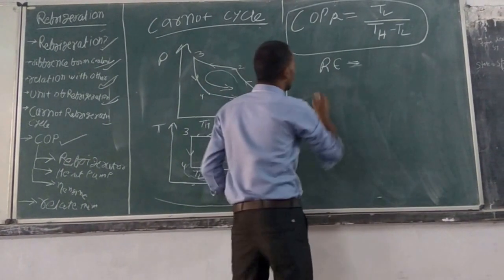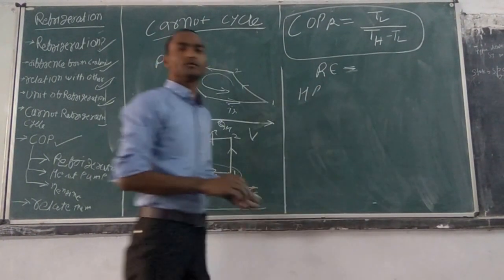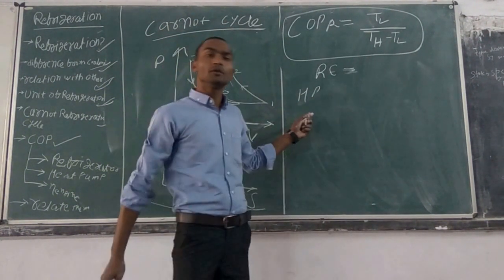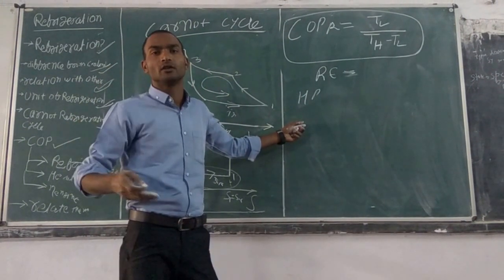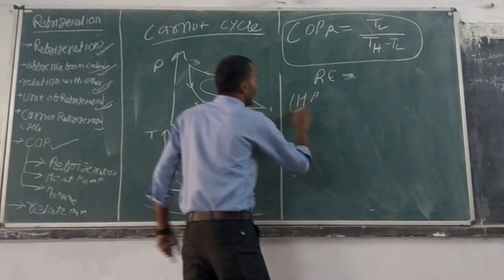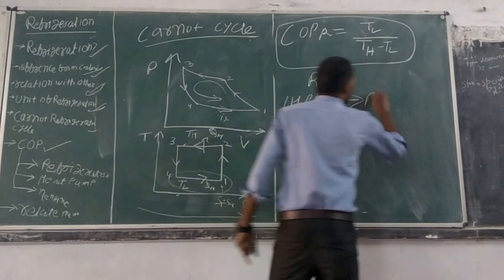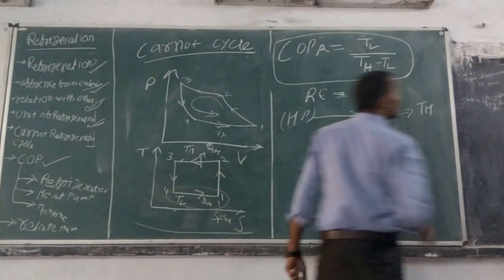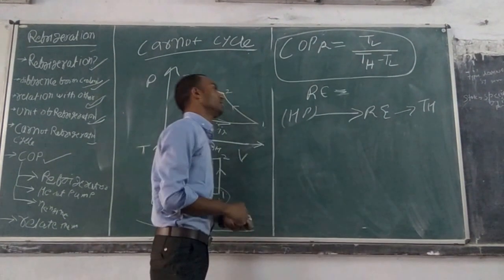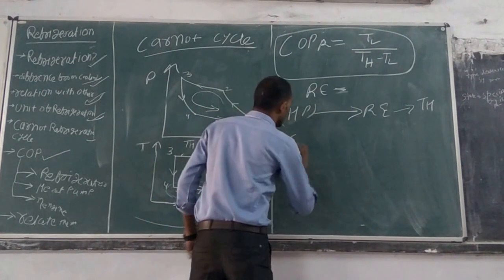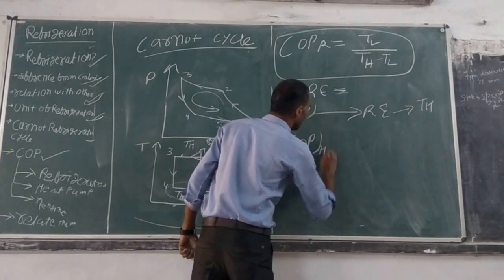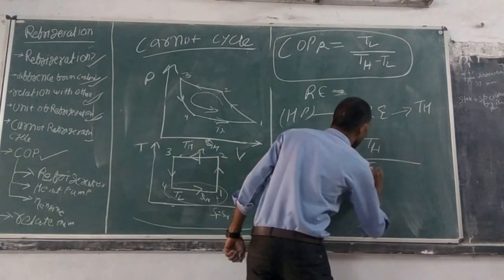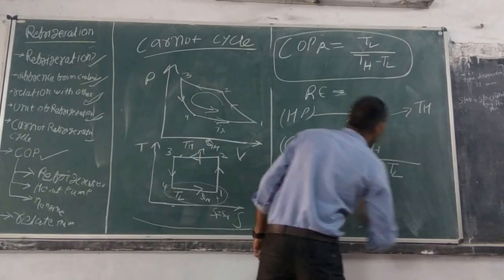Now if we talk about the heat pump, first we have to understand that there are two pumps. The first one is the water pump and the second one is the heat pump. A heat pump is used for pumping heat from a lower temperature to a higher temperature. So in case of a heat pump, the effect is maintaining the temperature higher than the outside or atmosphere. So here the COP of heat pump is equal to TH upon TH minus TL.